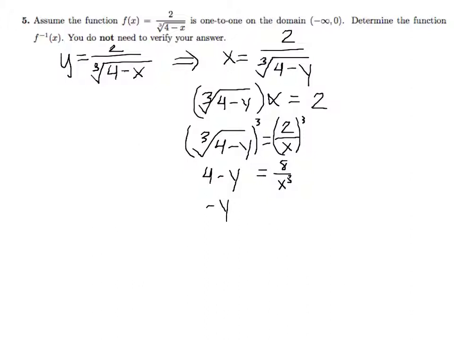So we have negative y equals 8 over x cubed minus 4, and then divide through by a negative 1. So we have y equals negative 8 over x cubed plus 4. This is our f inverse.